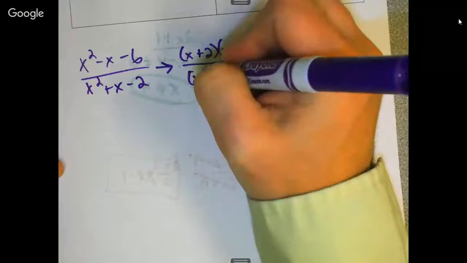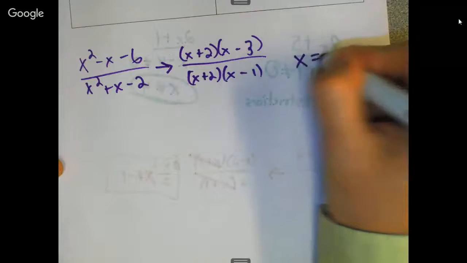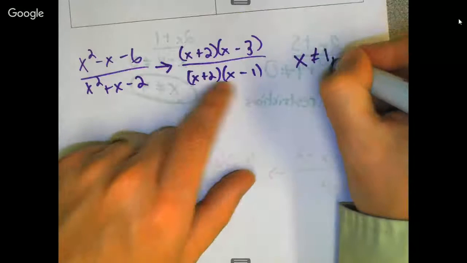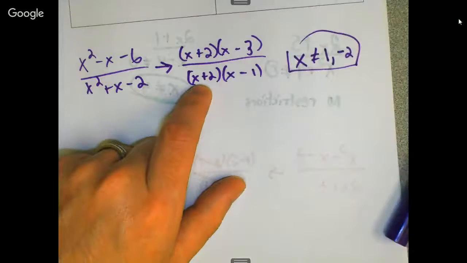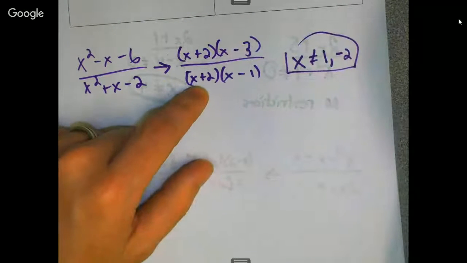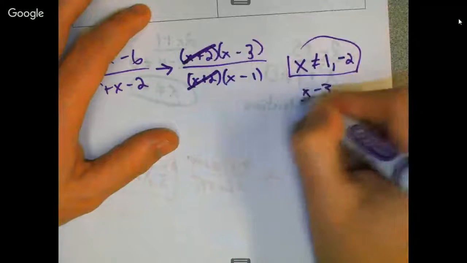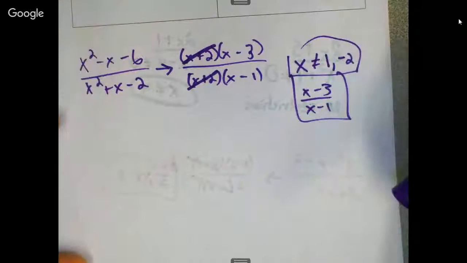Bigger one is positive. Okay. Domain restrictions right now, before you cancel. Okay. So right here, I can't have a 1, and right here, I can't have a minus 2. That's part of your answer, so make sure it's circled. If you don't put that on the quiz, you will miss a point. Okay, and now I just cancel. So I get x minus 3 over x minus 1.